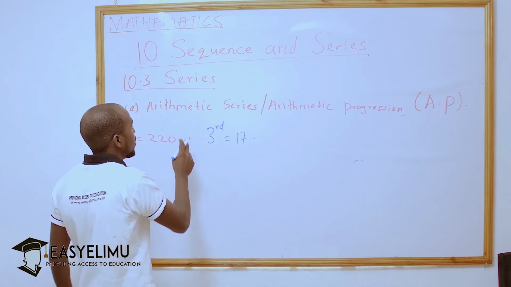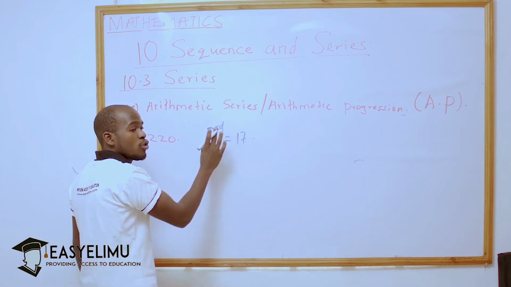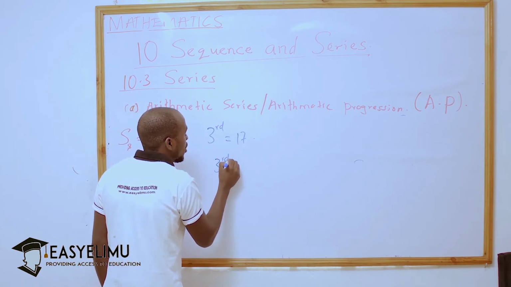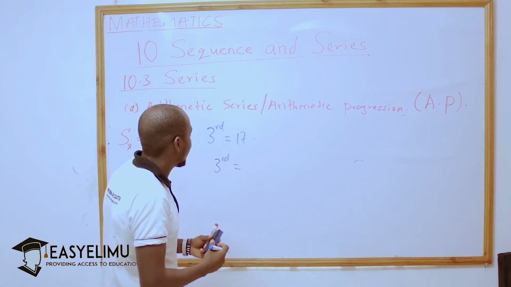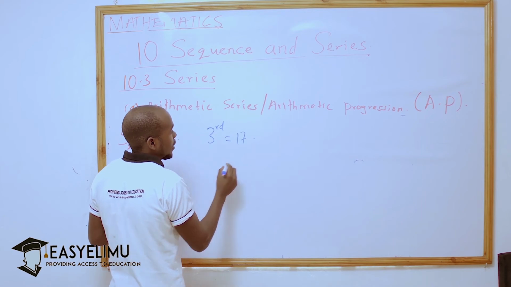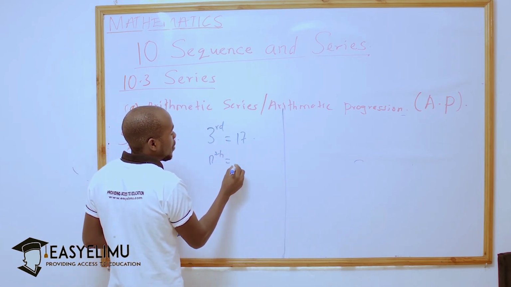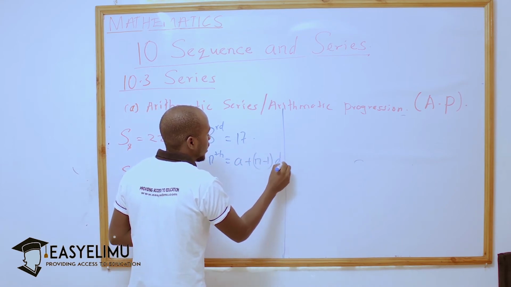So if this one is the third term, remember the formula says to find the nth term is given by a plus (n minus 1)d.